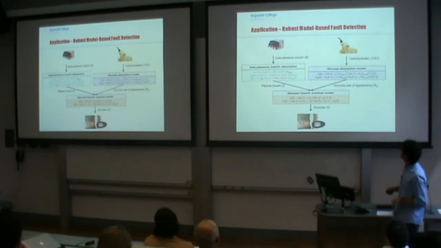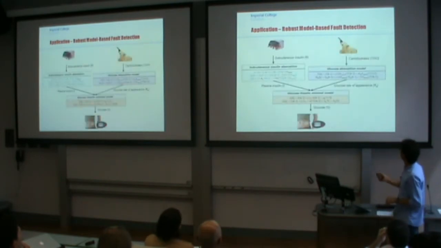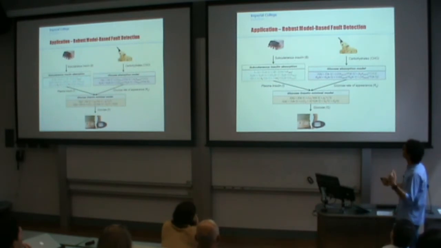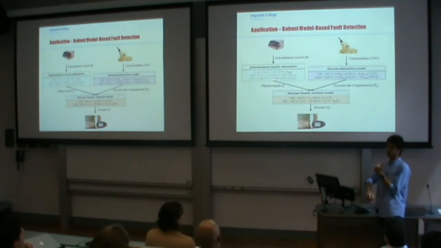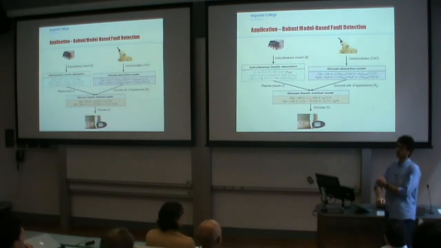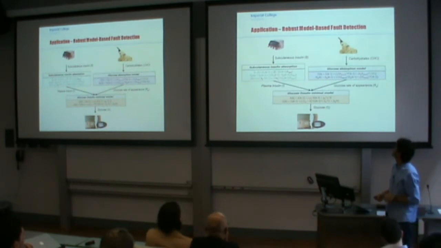Okay, the application I was talking about, robust fault detection. Here we see the minimal model, but what we also need is 2 additional models to model the dynamics of insulin absorption. When we inject insulin subcutaneously, there are dynamics to absorb this insulin into the plasma. And the same for the carbohydrates.